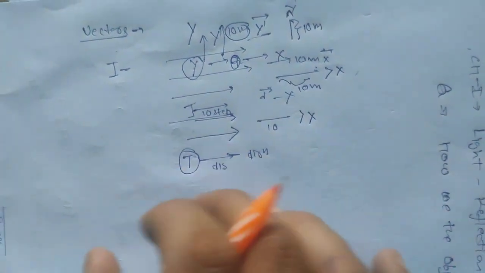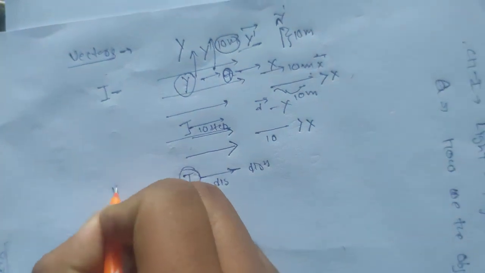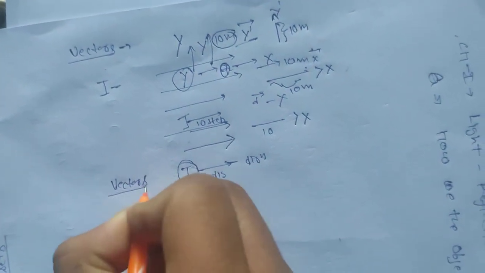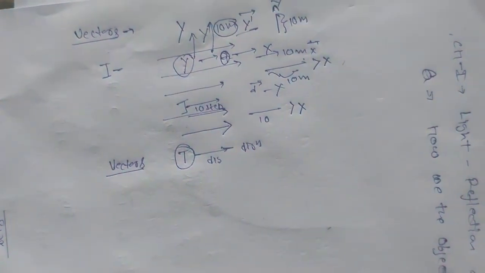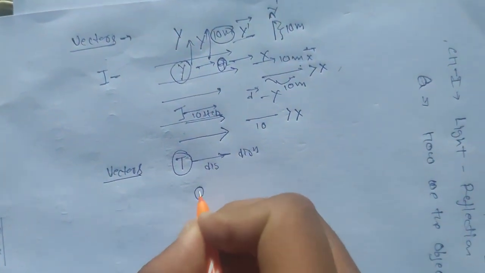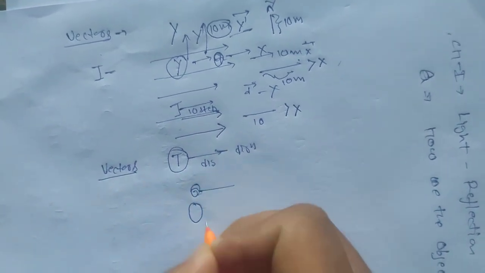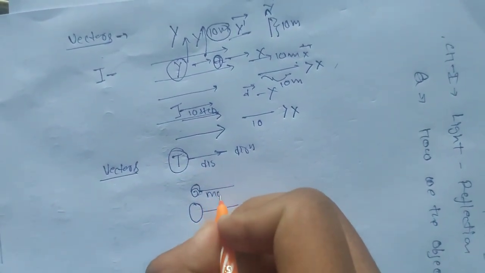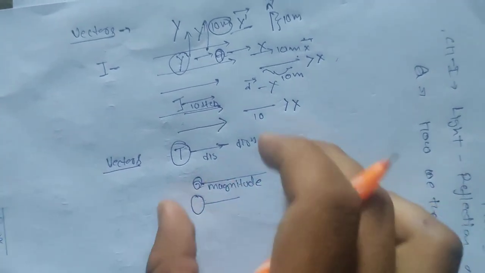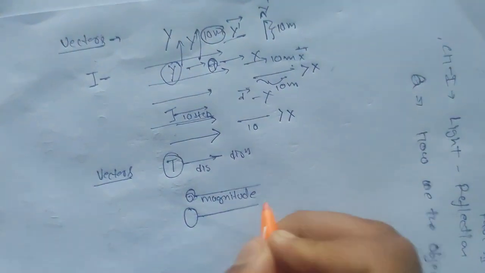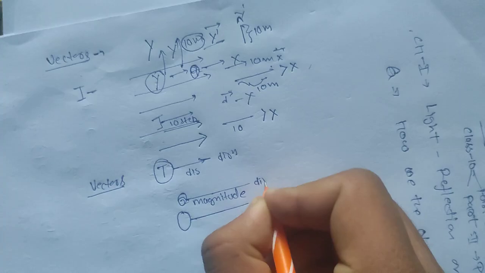Now we introduce a new terminology known as vectors. Whenever a thing, like a football, travels some distance, the magnitude is basically the distance it travels, in some direction.